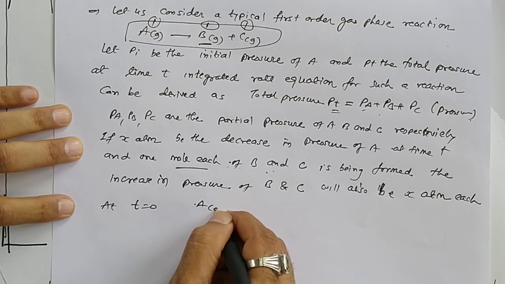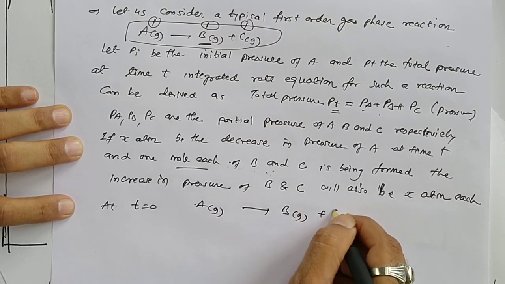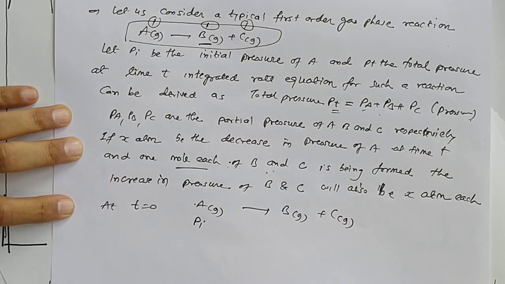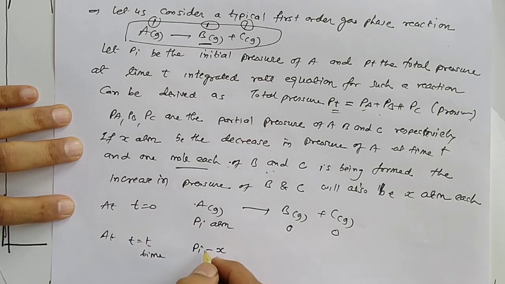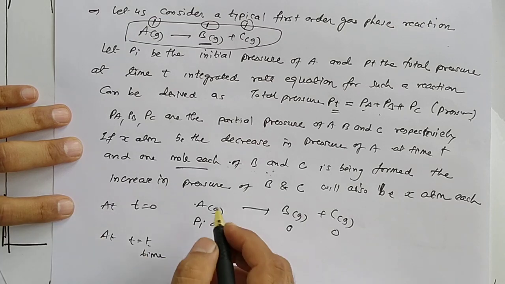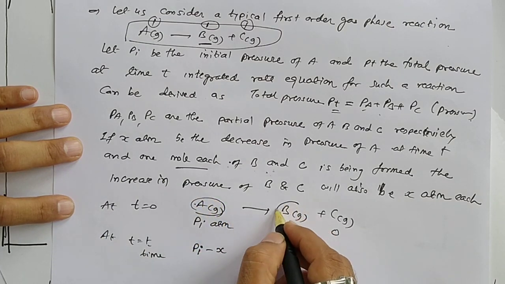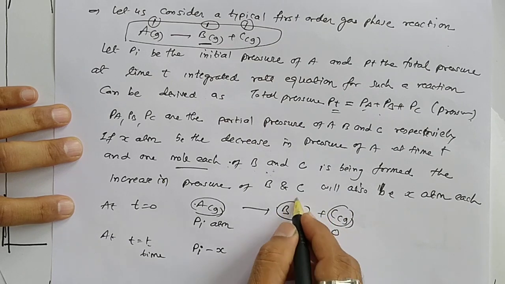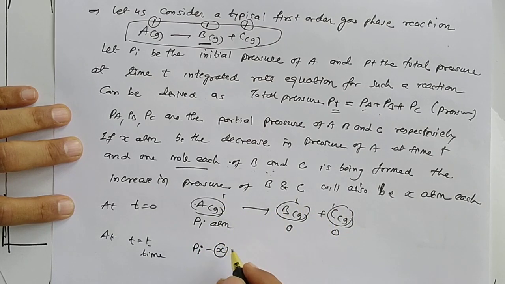Initial stage, A gas gives B gas and C gas. Initial state pressure is Pi atmosphere, where B and C is 0. At T equal to T time, suppose decreasing of X is assumed. Initial pressure was Pi atmosphere. Now decreasing of X. Here A is 1, B is 1, C is 1, 1 mole of each. So decreasing of X atmosphere in A, so increasing by X. How can we say?